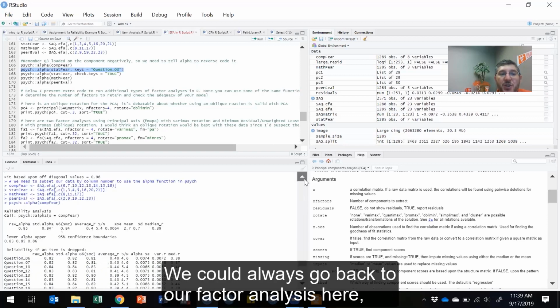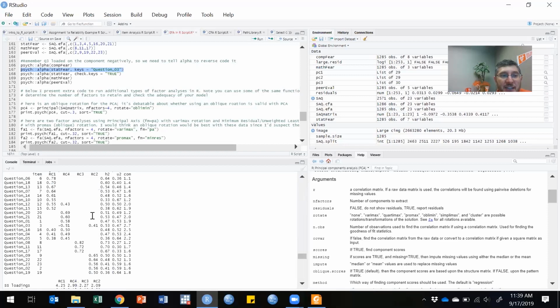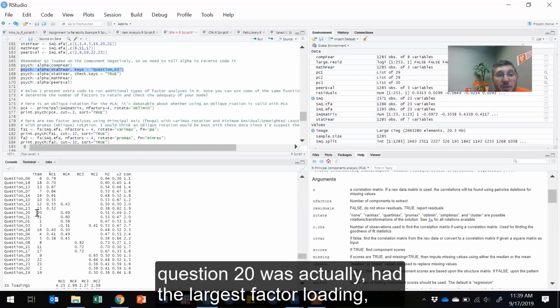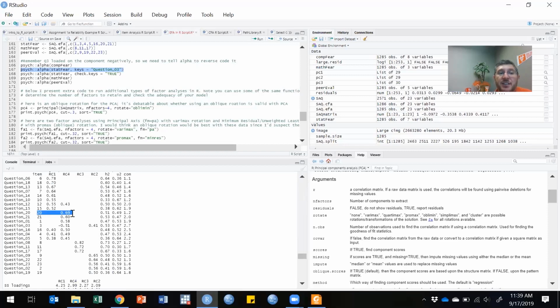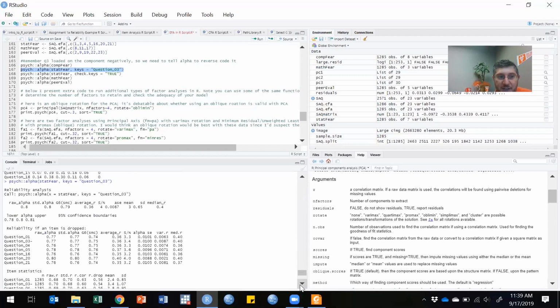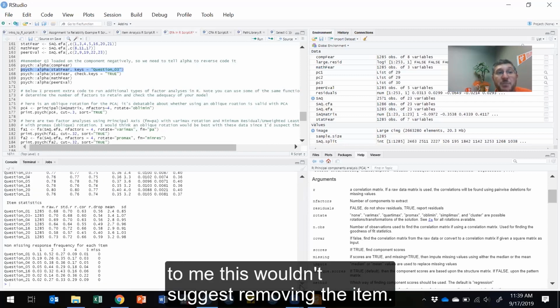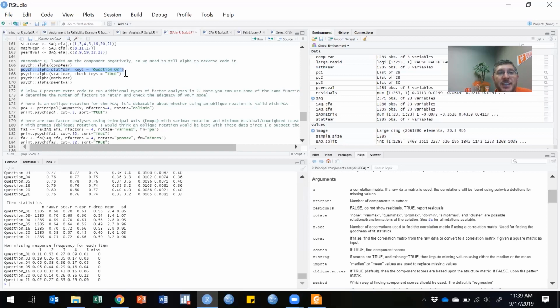correlation. We could always go back to our factor analysis here. Question 20 actually had the largest factor loading. So, to me, this wouldn't suggest removing the item.